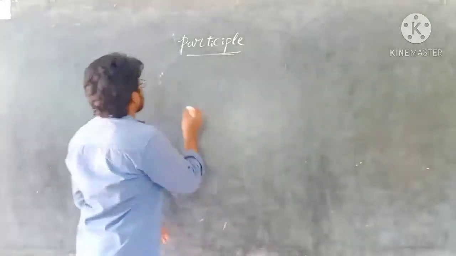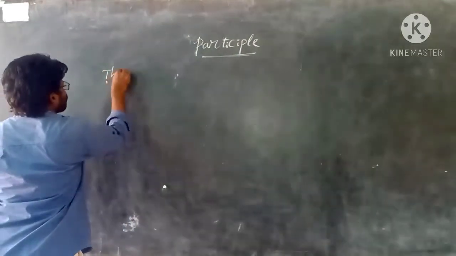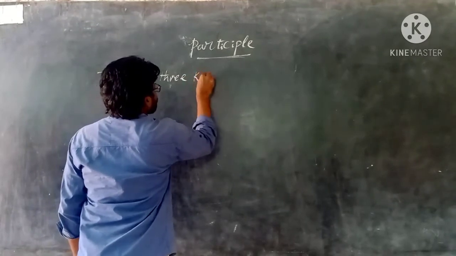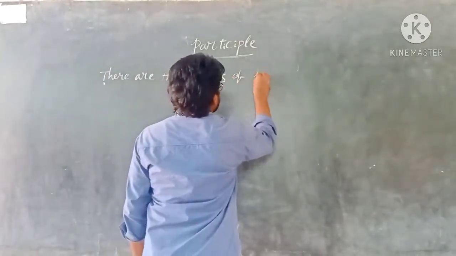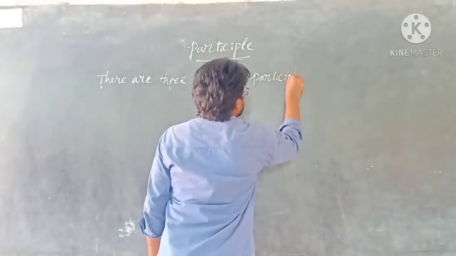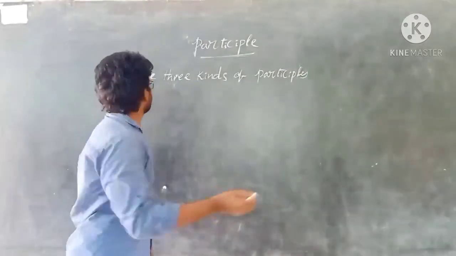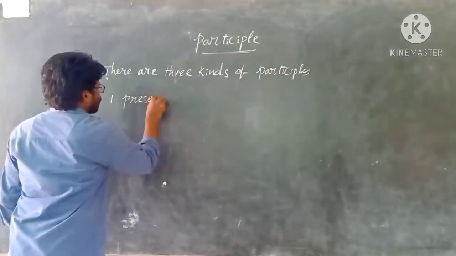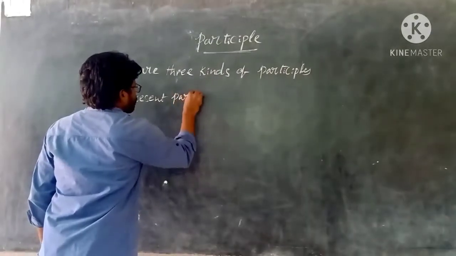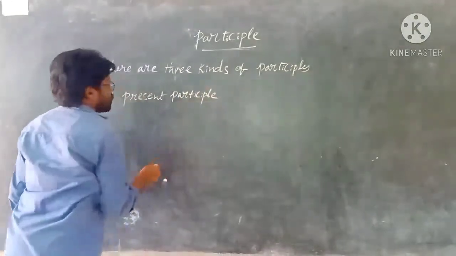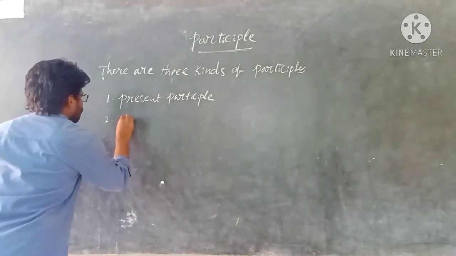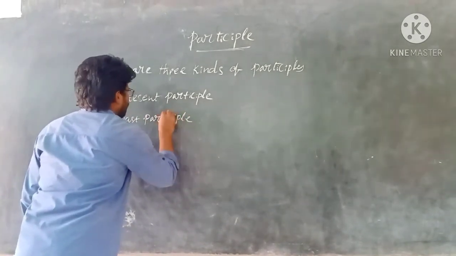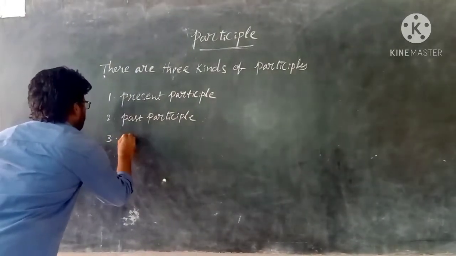There are three kinds of participle, namely present participle, the second one is past participle, and the last one is perfect participle.